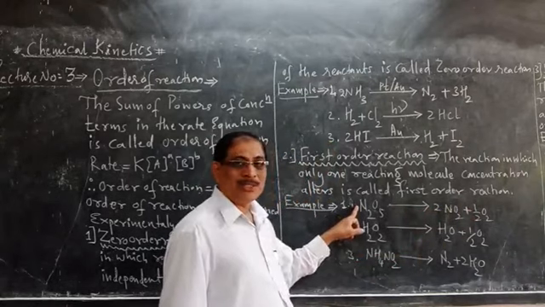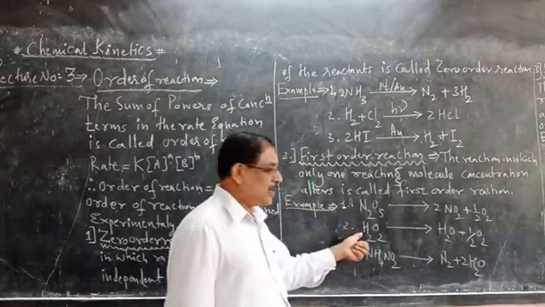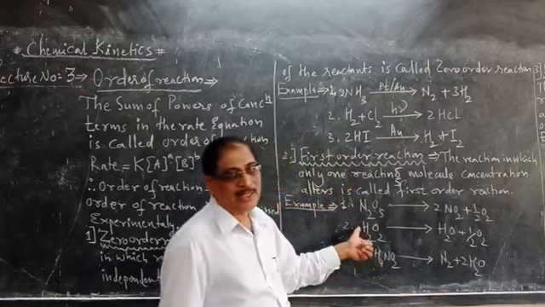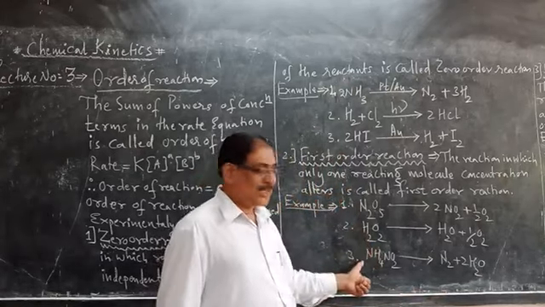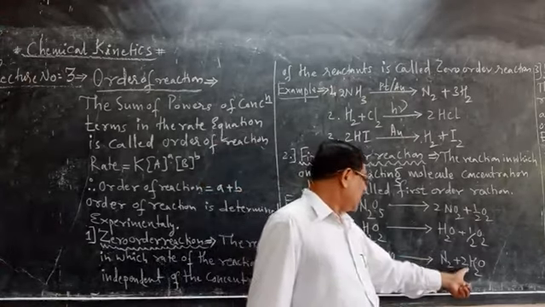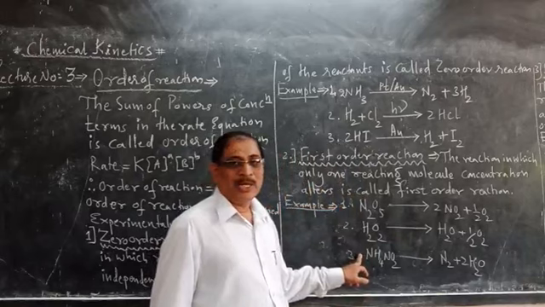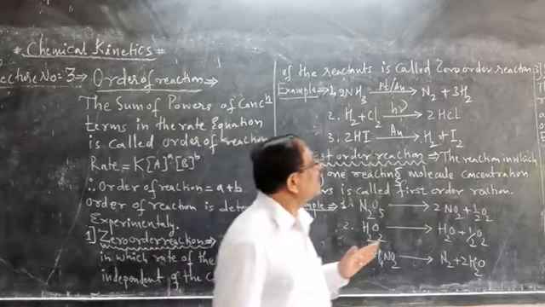Here only one molecule is there, therefore the order of reaction is 1. Hydrogen peroxide decomposition gives water and oxygen. Only one reactant is there, so the order of reaction is 1. Ammonium nitrite gives N2 plus 2H2O. Here also only one reactant is there, so it is a first order reaction.